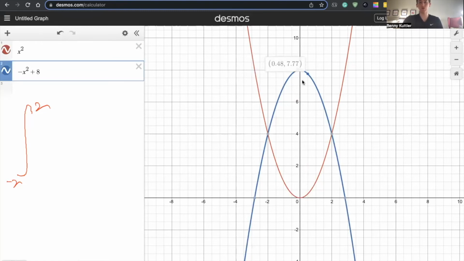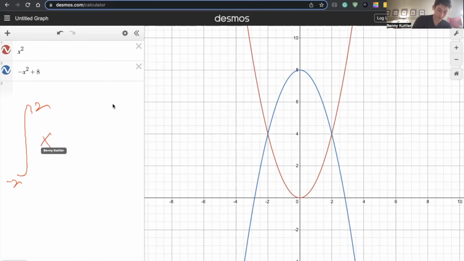We can just do the lower one minus the higher one, or whichever one we want, and then if it's negative, we just flip it around afterwards. It's a little shortcut, or you can just put absolute value signs around it. But it's always going to be positive. So x squared minus negative x squared plus 8.